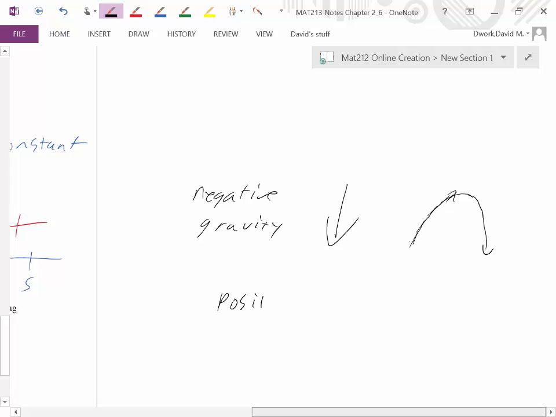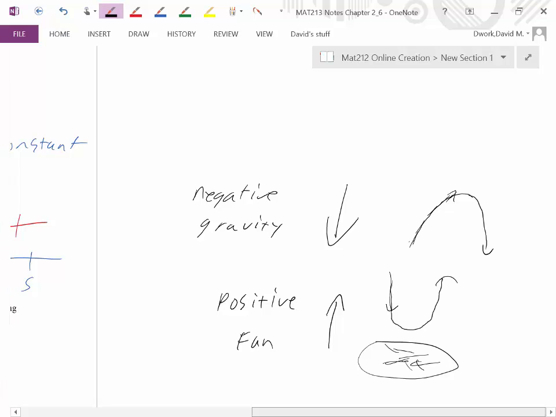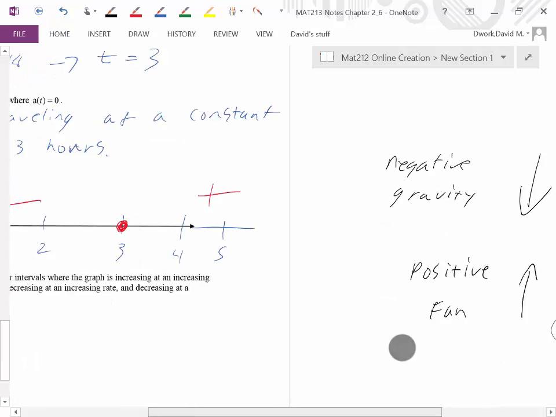But if you have a positive acceleration, you can think of that as a big fan, and the fan is trying to blow you up. So you can imagine you're falling down, but there's this fan down here and its blades are spinning. And so now as you're falling towards it, it's slowing you down, and then trying to eventually push you back up. So positive accelerations push upward, negative accelerations pull you down.